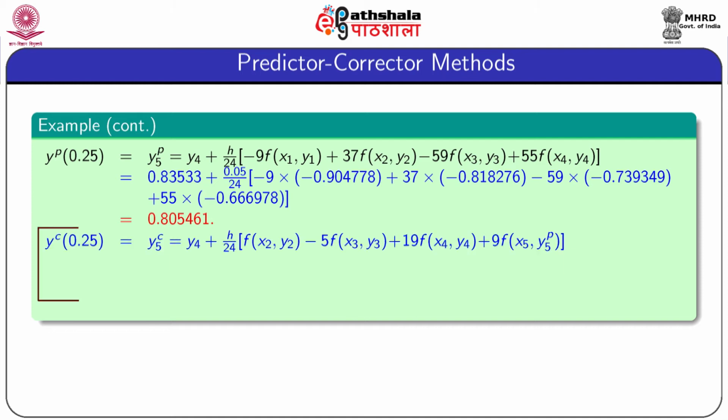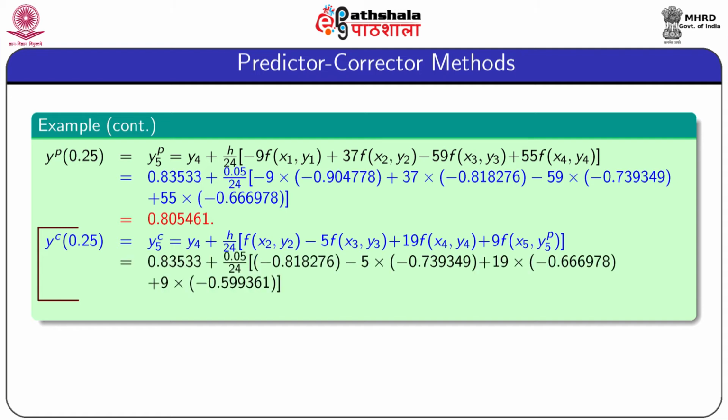Now we correct this value using the corrector formula, that means yc at 0.25 equal to y5c equal to this formula. Substituting the values of functional values at different points, we get this expression, and after simplification it becomes 0.80369. Note that there is some difference between the predictor and corrector values.